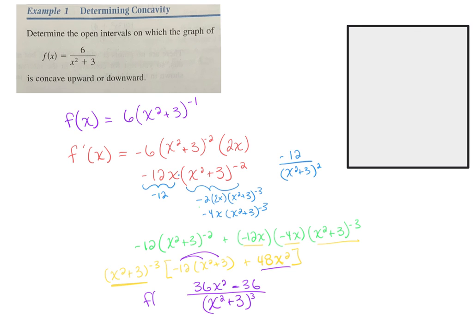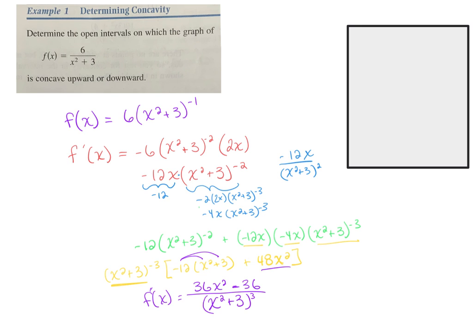This is my second derivative. Now, you could have done quotient rule up here. You could have done derivative of the top times the bottom minus the top times derivative of the bottom over the bottom squared. And you would get the same exact thing. Okay? So I have found my second derivative.